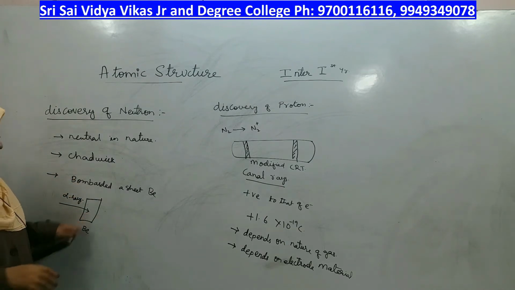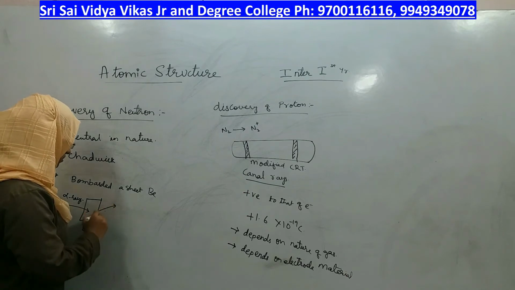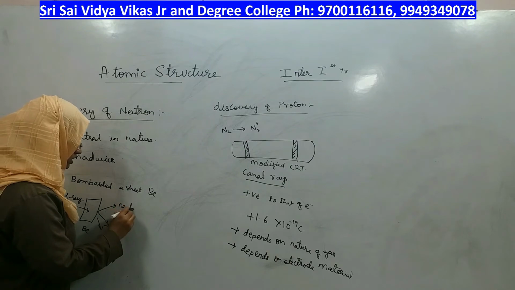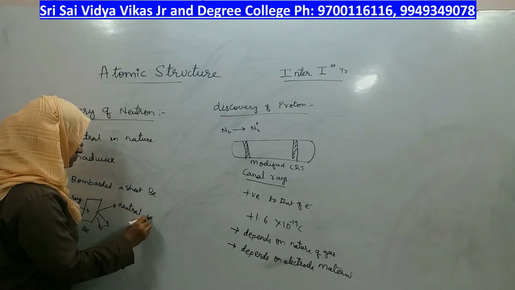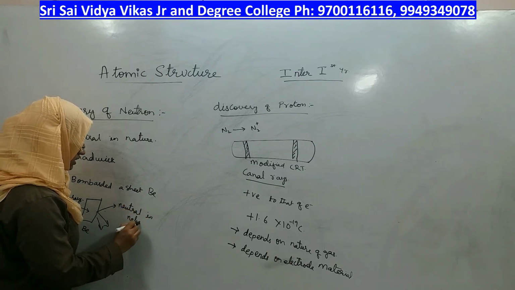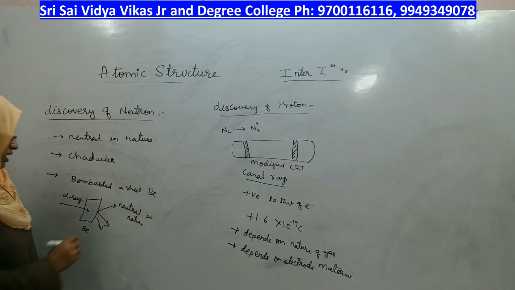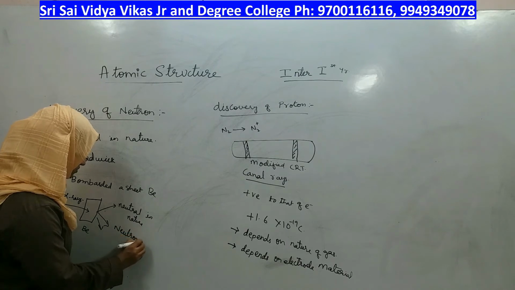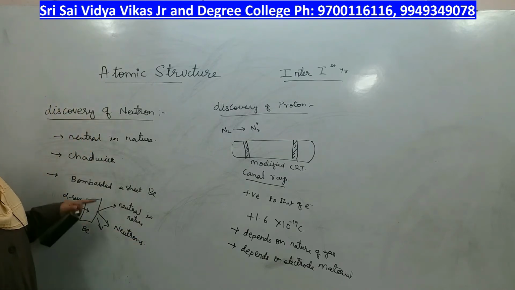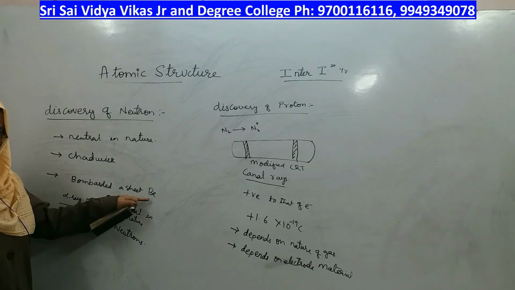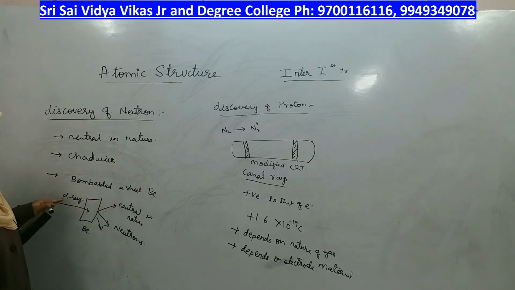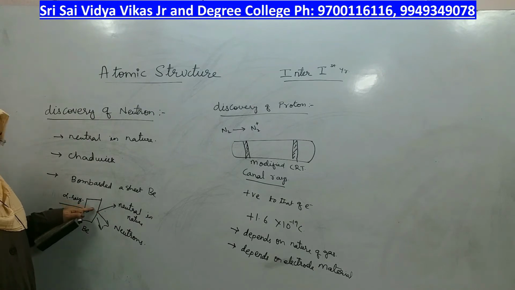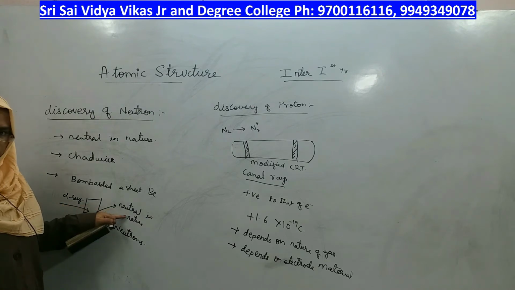When that happened, the rays which came out were found to be neutral in nature, and these are the subatomic particles called neutrons. Which experiment was it? A beryllium foil was taken, alpha rays were bombarded onto it, and the rays which arose from that bombardment were found to be neutral in nature.